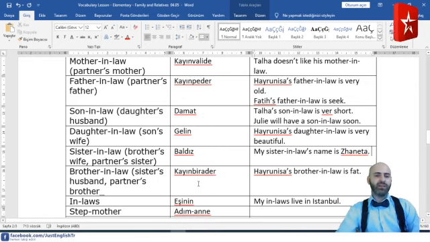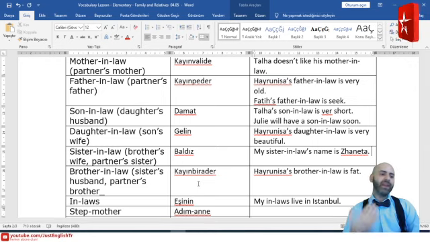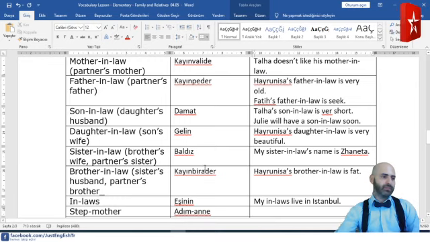Stepmother is if your father marries another woman. This woman is your stepmother. And we already have an example from Beyza.